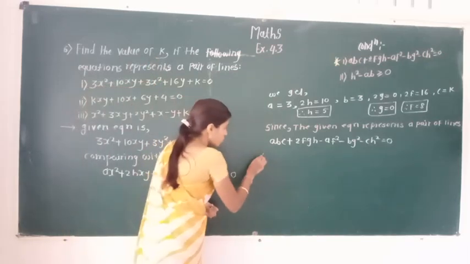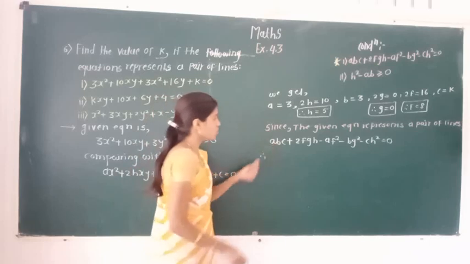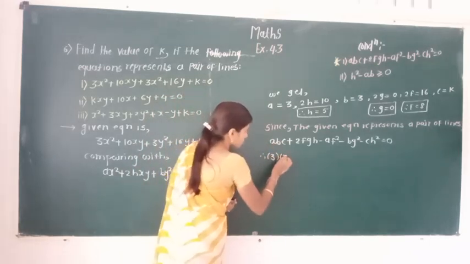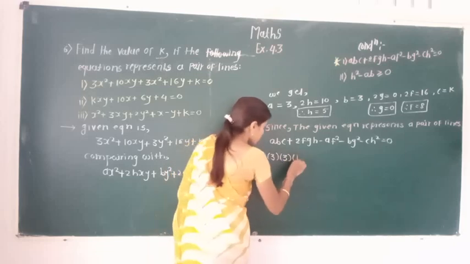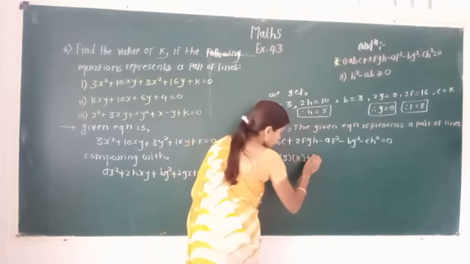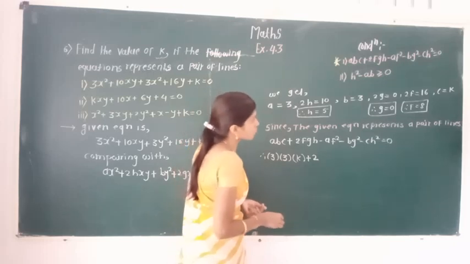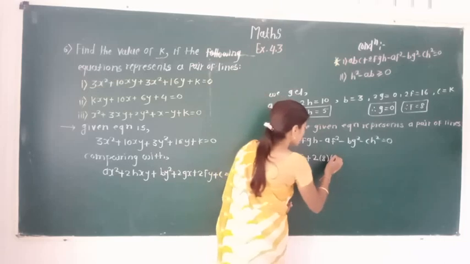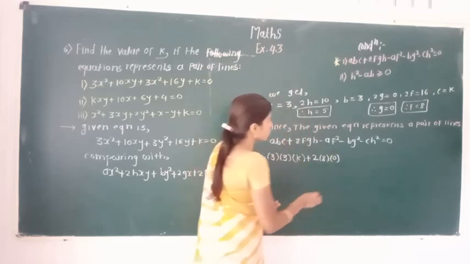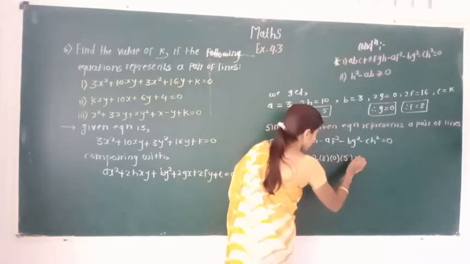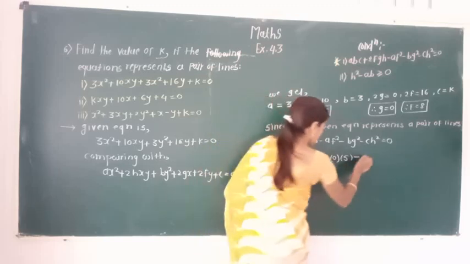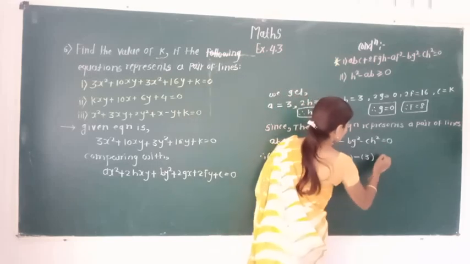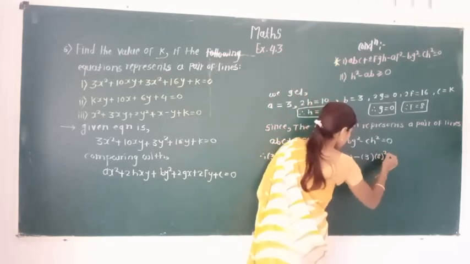Okay. Now, first of all put these values in this condition. Value of a is here 3, b is 3, value of c is here k, plus 2 times value of f is here 8, value of g is here 0 and value of h is here 5, minus value of a is here 3, f is here 8, take 8 square.